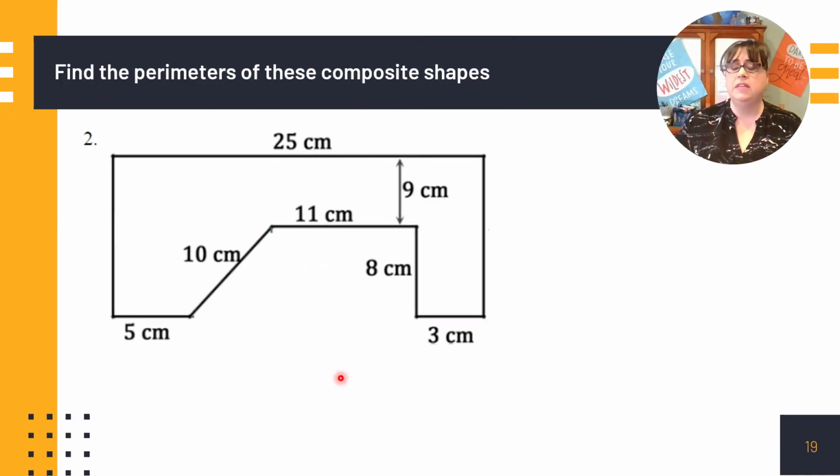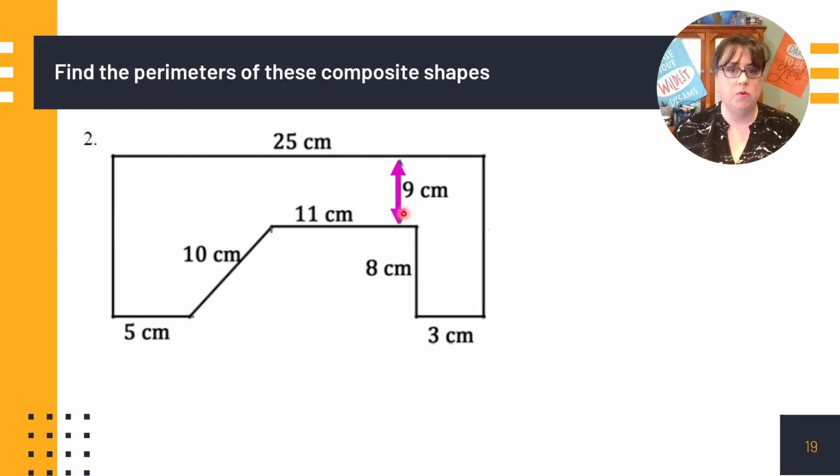So now let's look at one that's a little more complicated because it has slants in it. But we're going to use those same ideas that we used before to find the missing lengths. We have a missing length right here, but we actually know quite a bit about it. We look for those parallel sides to help us out. Here we know the distance between this horizontal length and this horizontal length is 9.